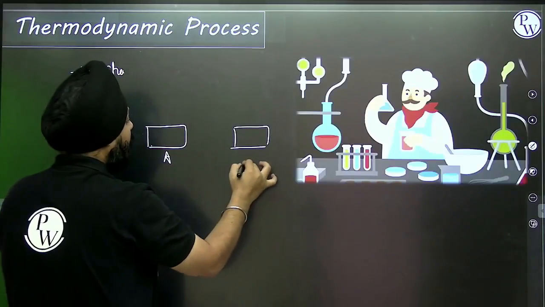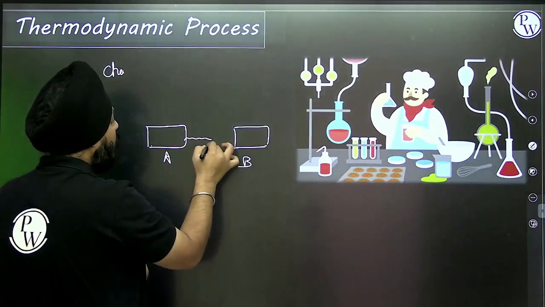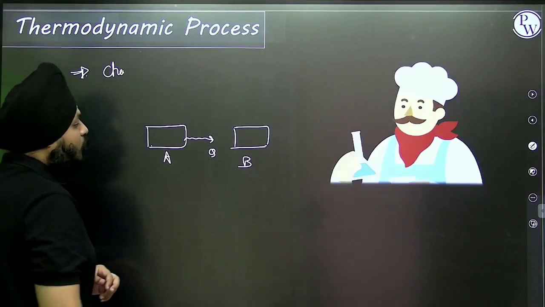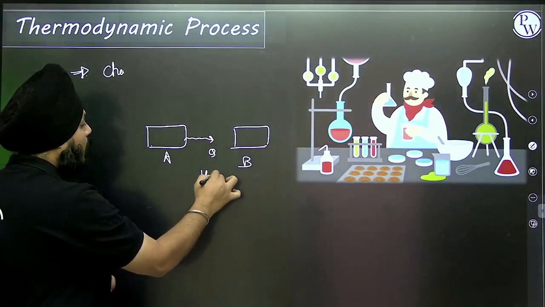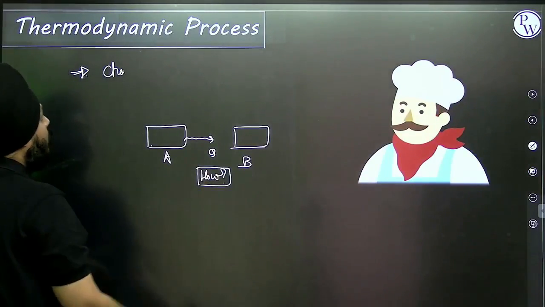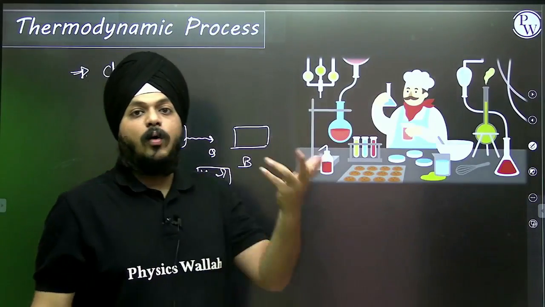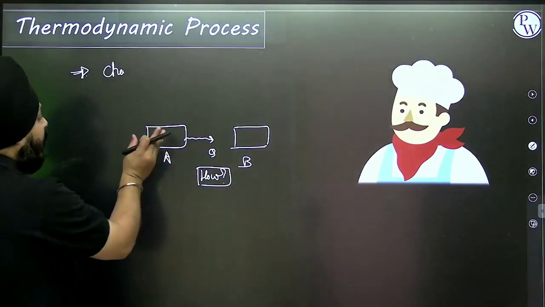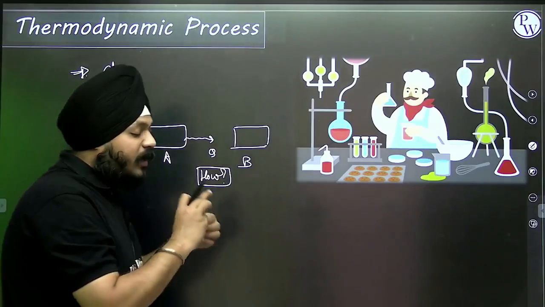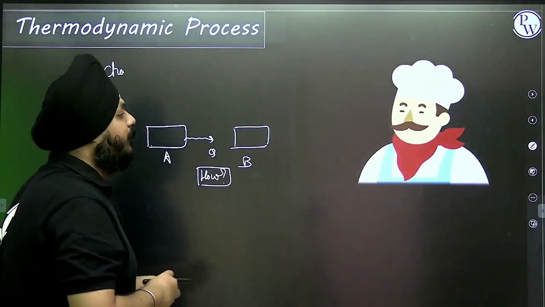This is an object B. Obviously, heat transfer is going on from A to B. So my question is how? And if heat exchange is taking place, how is equilibrium involved in it?